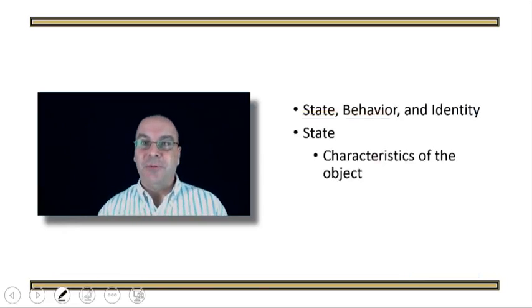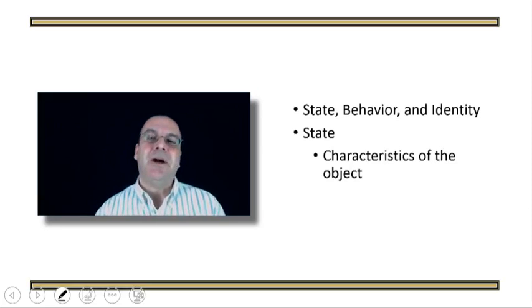You should recall from way back in Module 4 that objects have three different things. They have state, they have behavior, and they have identity. And so the state of an object is all about the characteristics of that object. So you should go do an in-lecture quiz about demonstrating that you remember how we actually store the state of an object.